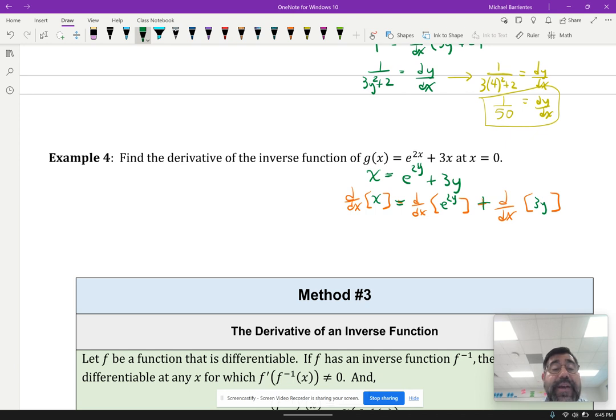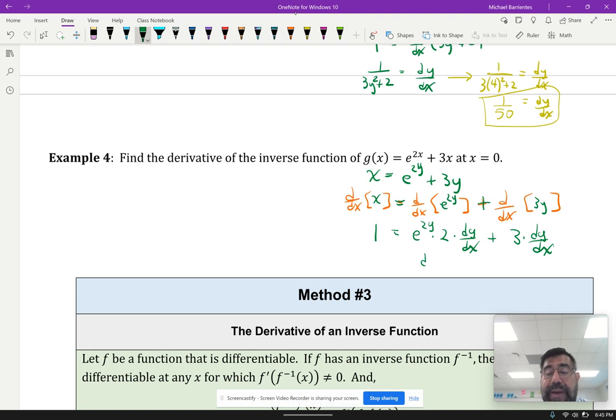All right, the derivative of x is just 1. Done. The derivative of e to the 2y is e to the 2y times 2, because I'm doing a chain rule, times dy/dx, because I'm taking the derivative of something with a y, but I'm doing it with respect to x, so I have to treat it as an inside function, plus the derivative of this would be 3 times dy/dx.